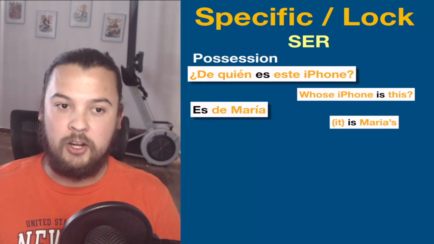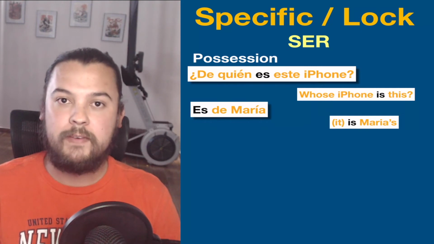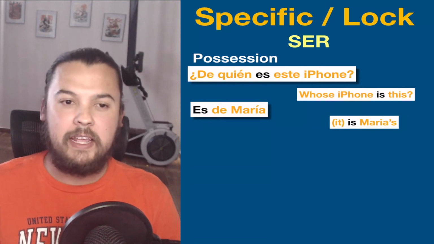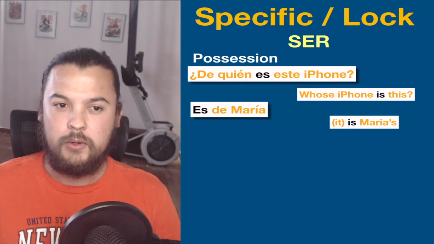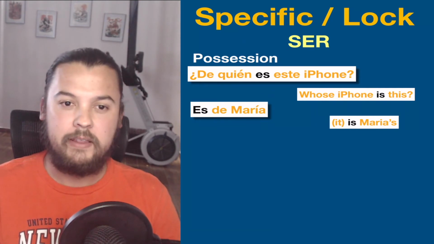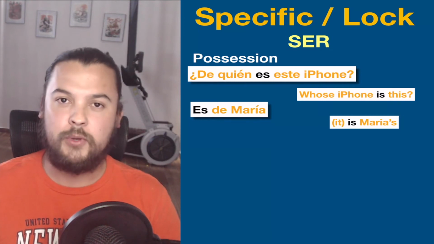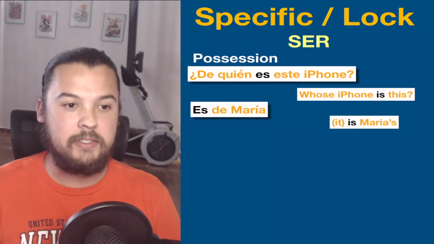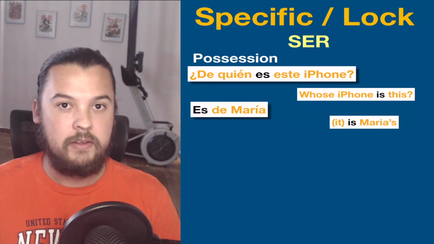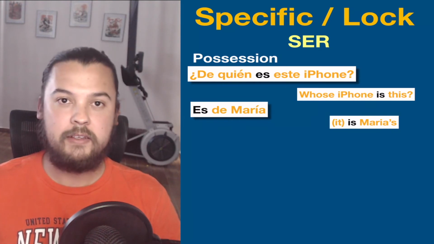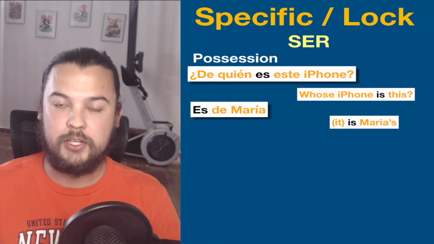When you possess an object, you have to use the verb ser. ¿De quién es este iPhone? Whose iPhone is this? That is, from that question, is going to be the verb ser. So when you possess something, you're going to say, es de María. Es, using that ser from the possession use.